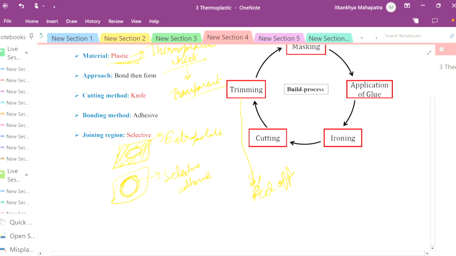Because this joining region is selective, support removal is done through peel off.